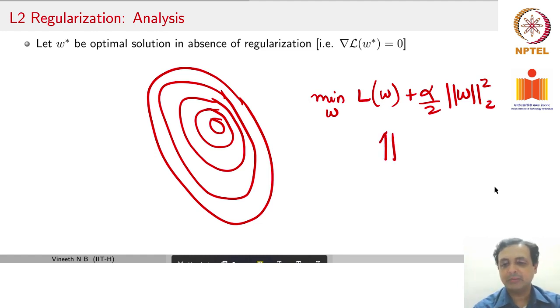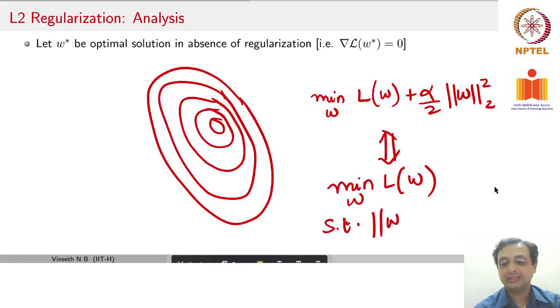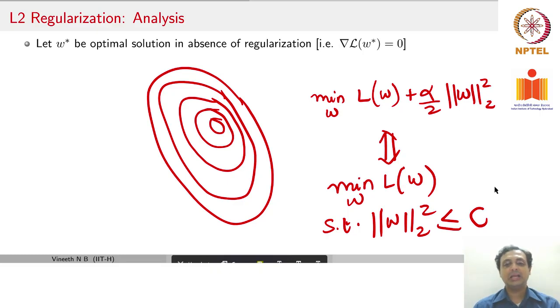This is equivalent to saying that you want to minimize your loss function such that your 2 norm of your weights is less than a certain quantity. You can come up with some number, there's some constant C. These formulations are equivalent to a certain degree, under certain conditions, from an optimization standpoint.